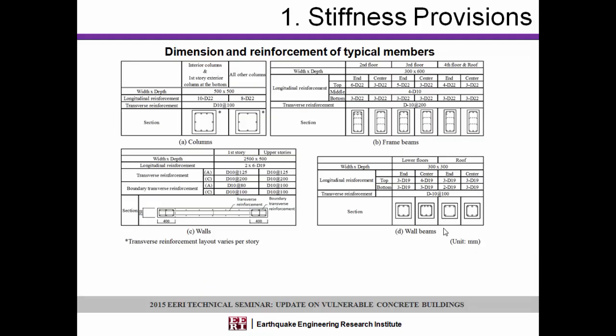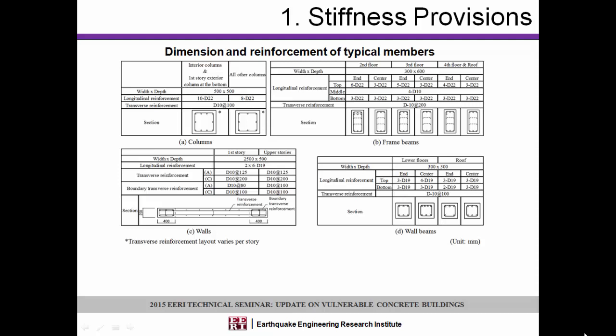This is basic detailing in the structure. I don't want you to read too much into it. I just want to highlight the dimensions. Columns were 500 by 500 millimeters, so we're talking about 20 inches by 20 inches. Walls were 2,500 millimeters by 250, so 100 inches by 10 inches. So sizable walls. These are fairly full-scale sections.